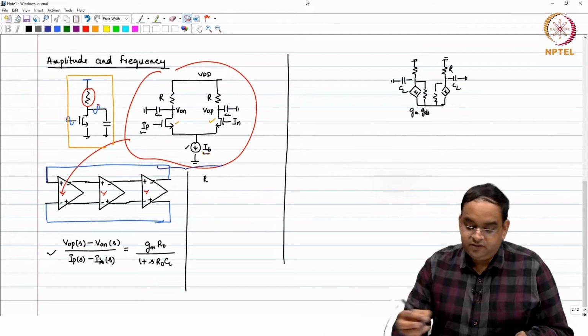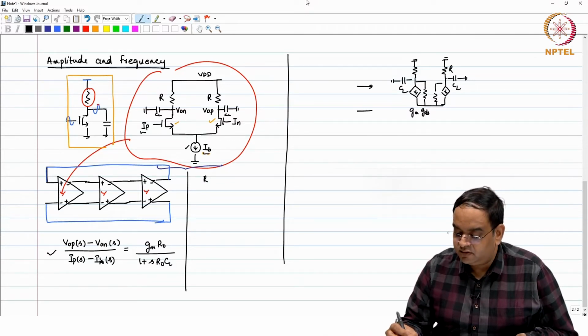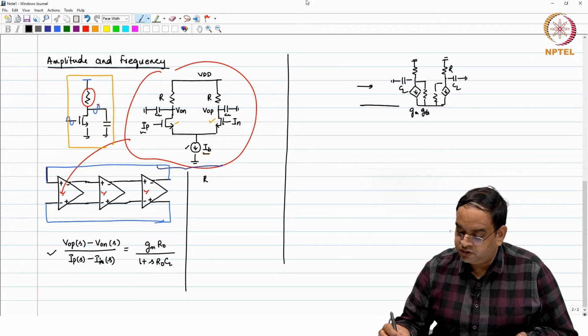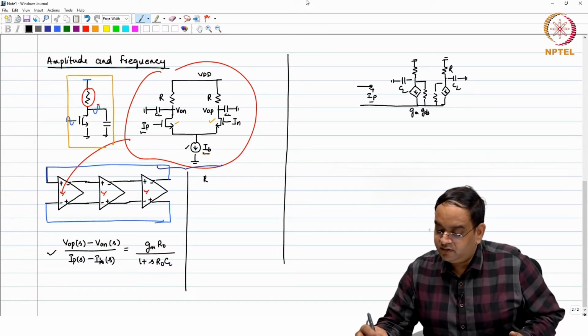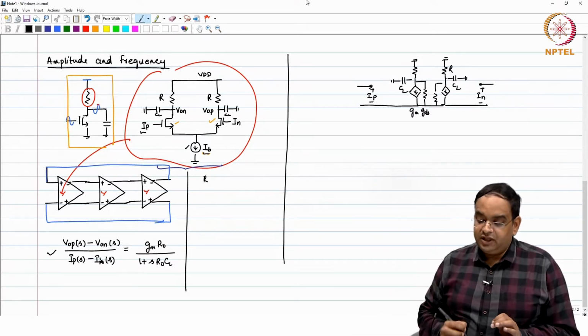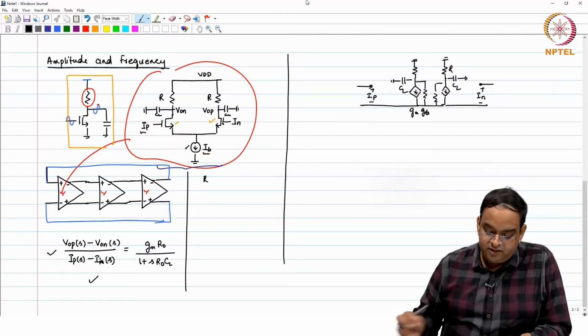So, what I have here is this is with respect to the source. The source is connected here, this is IP, and similarly you have IN.